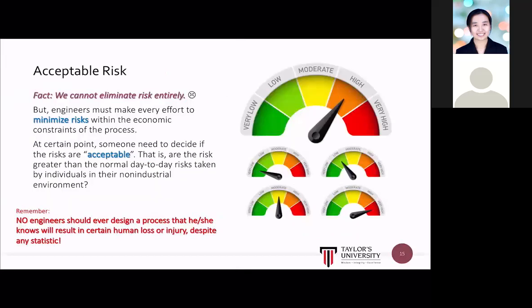Okay, so unfortunately, the fact is that there's no way we can eliminate risk entirely. It's like the risk of falling down. Some people are just clumsy, they can just walk, and boom, they fell. It's just human. We can't eliminate risk entirely.